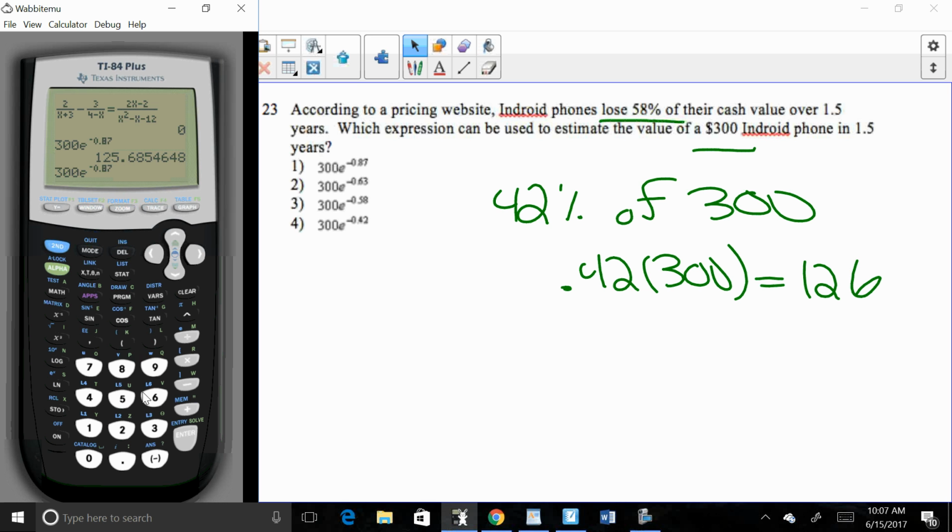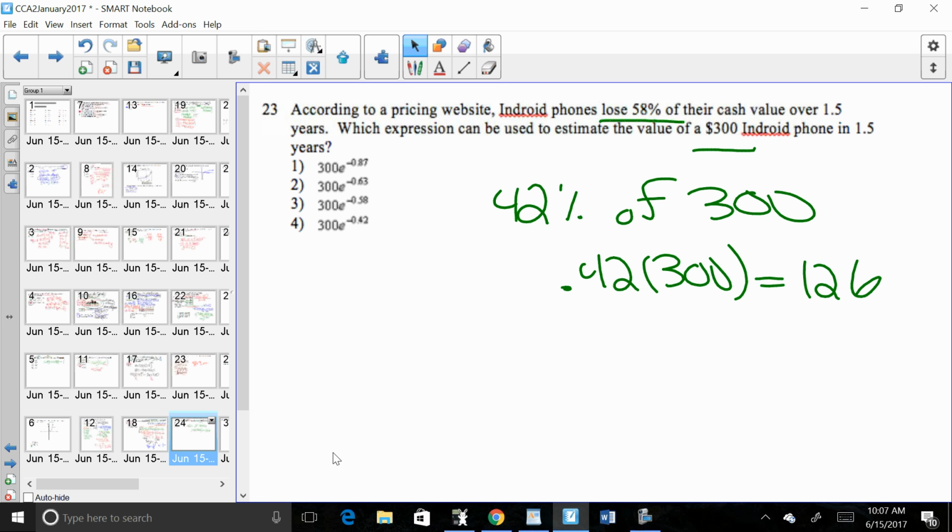Negative 0.63. Is that 126? Not even close. I'm going to paste it again. Negative 0.58. Definitely not 126. And finally, negative 0.42. Definitely not. The answer is choice 1.